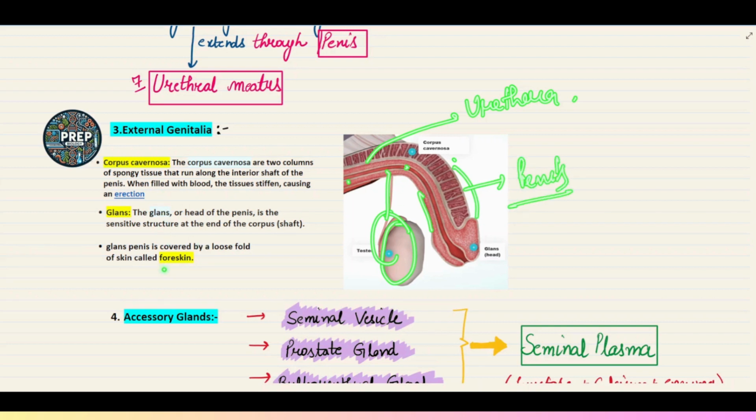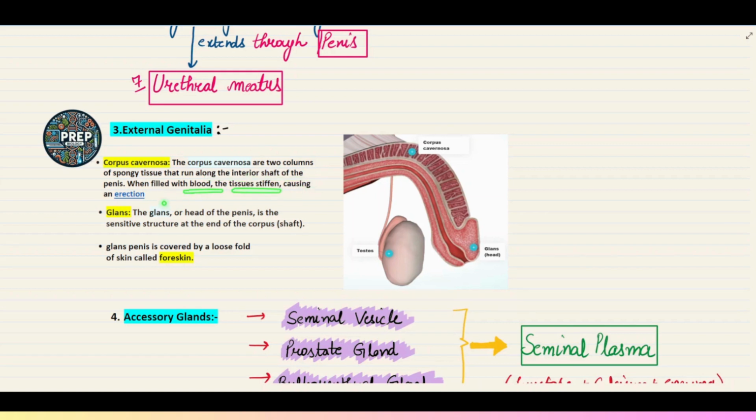If we see the structure of the penis, inside the penis we have the corpus cavernosa. The corpus cavernosa are two columns of spongy tissue that run along the interior shaft of the penis. When filled with blood, the tissue swells, causing an erection.